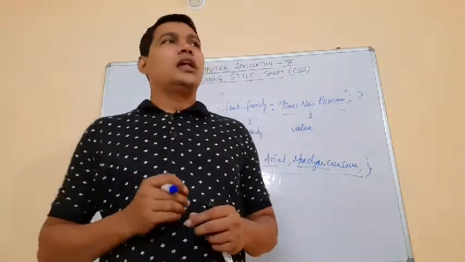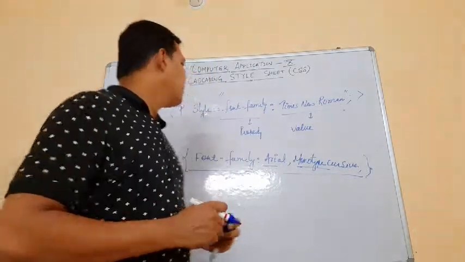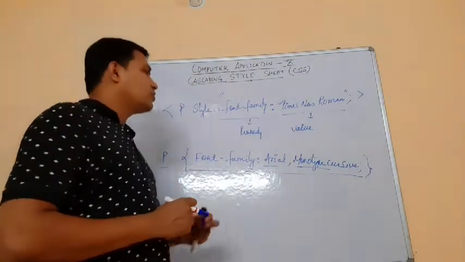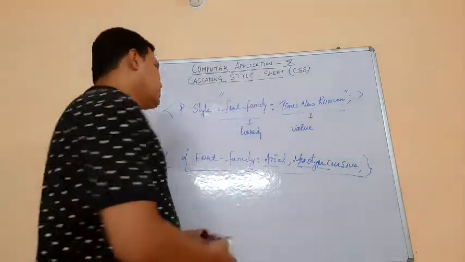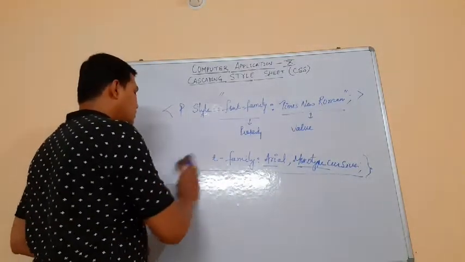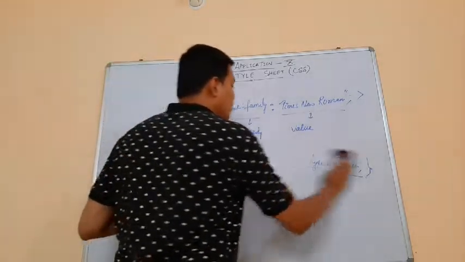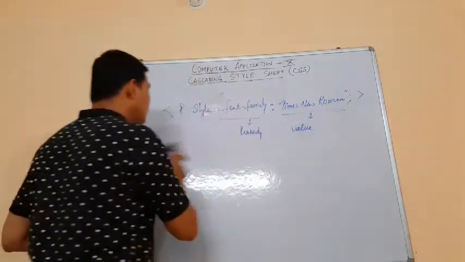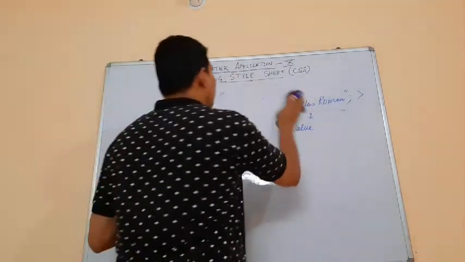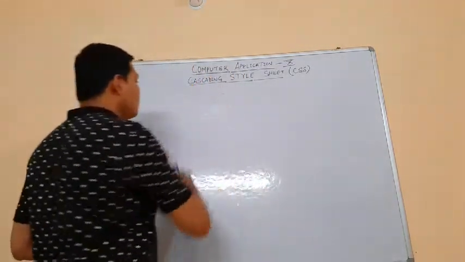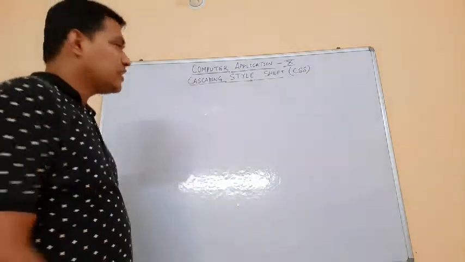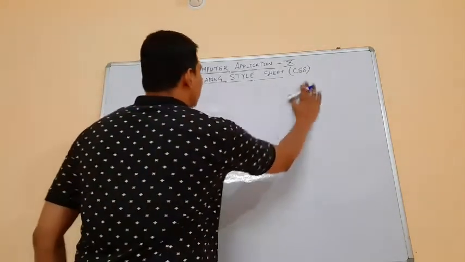The next attribute about font that I am going to discuss in my video is the font size. How can you define the font size? The font size can be defined in the same way as you have defined here.